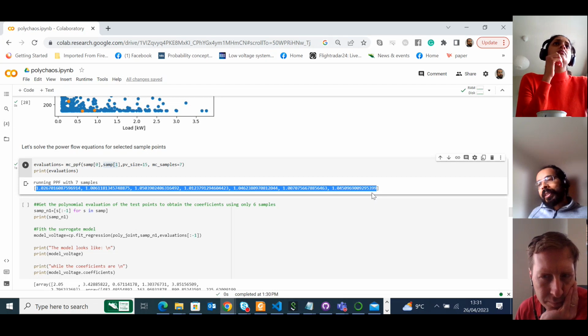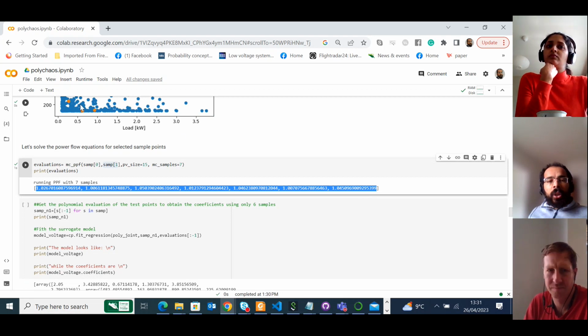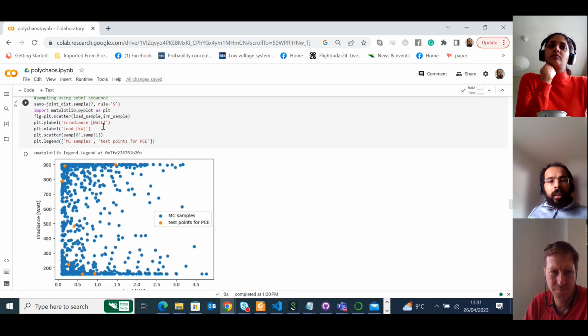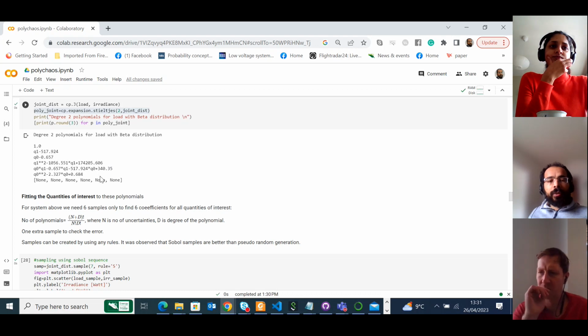We need to find the model based on your samples and outputs and fit it to your polynomials. So what we do is we take these individual points and pass them through this. There are 6 points. If you pass those 6 points through the set of equations, you will get a 6 by 6 matrix.